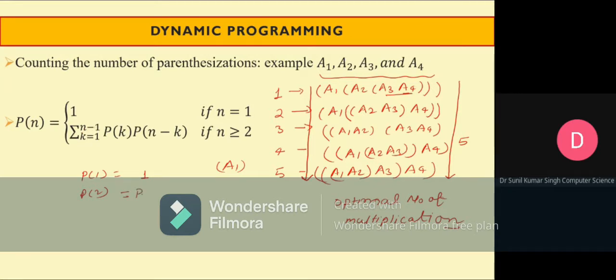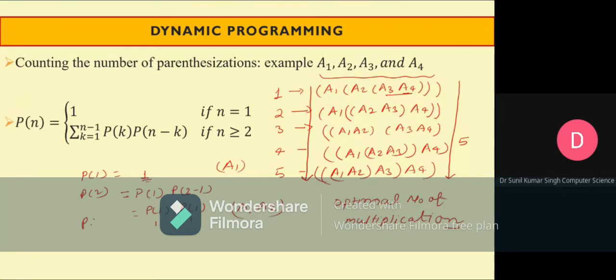So it will become P of 1 times P of 2 minus 1, that is P of 1. P of 1, you know the value, it is going to be 1. So again, if we are having two matrices, only one parenthesization is possible.